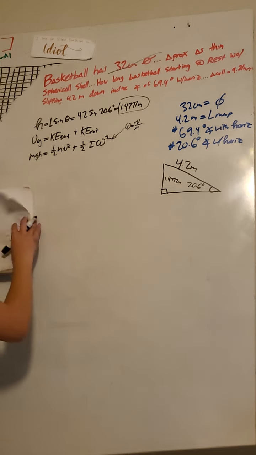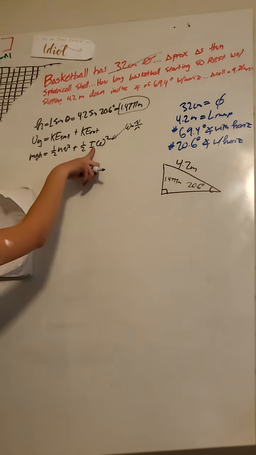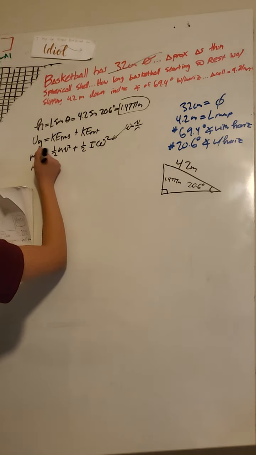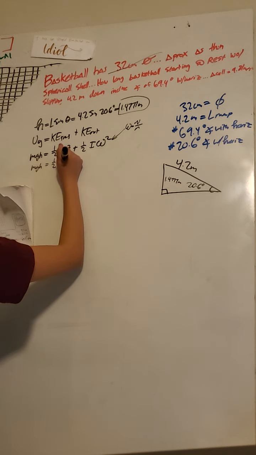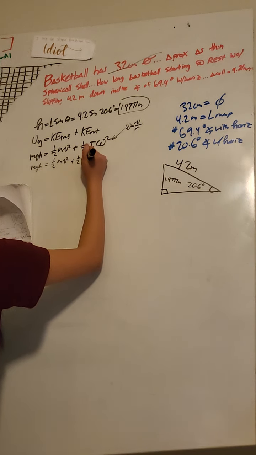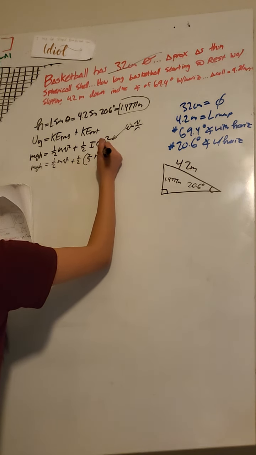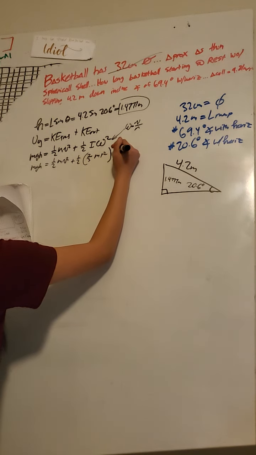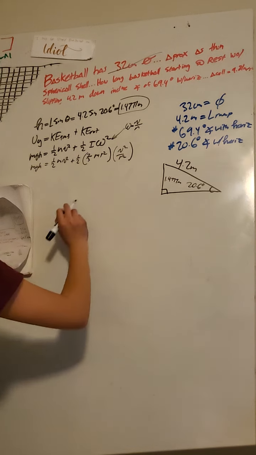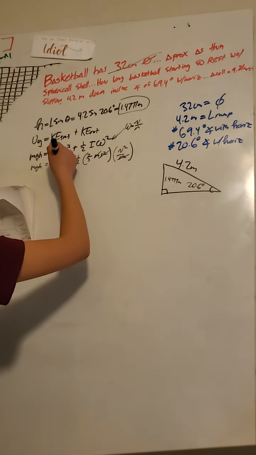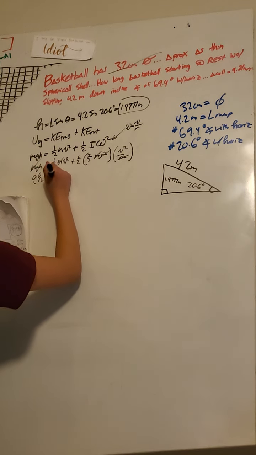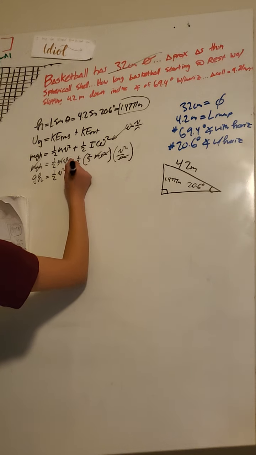If we expand this out even more, by expanding the inertia for the spherical shell, it's mgh is equal to 1/2 mv squared plus 1/2 times the moment of inertia, which is 2/3 mr squared, times omega squared, which is just v squared over r squared. Then the r's will cancel out and the m's will cancel out. You're left with gh is equal to 1/2 v squared plus 1/3 v squared.